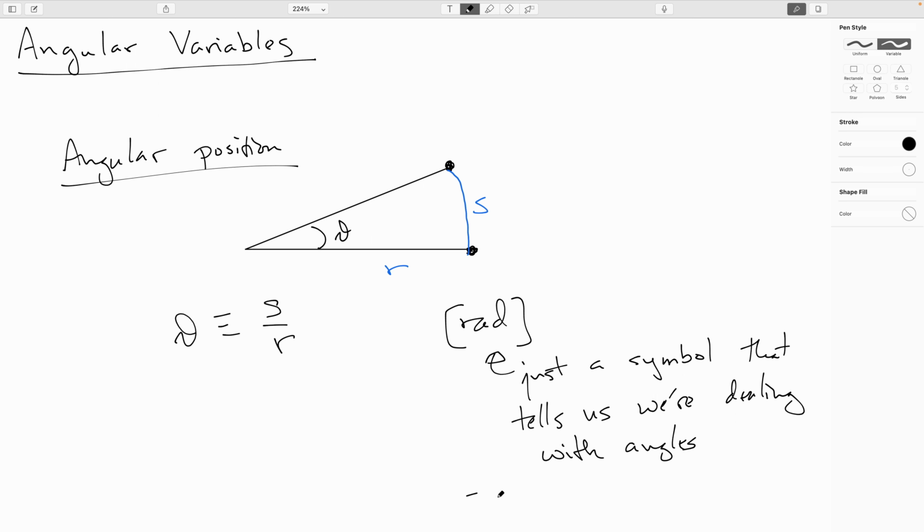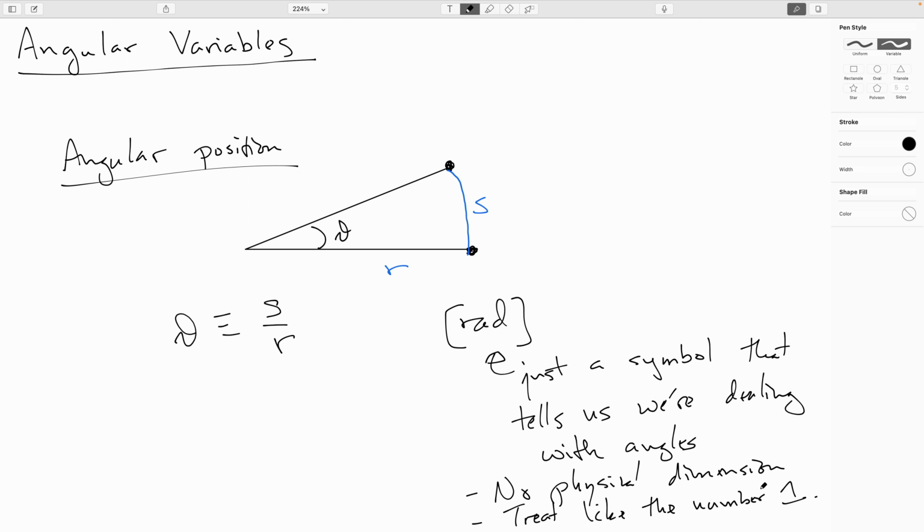And importantly, it has no physical dimension. So basically, you can just treat it like it's the number 1.